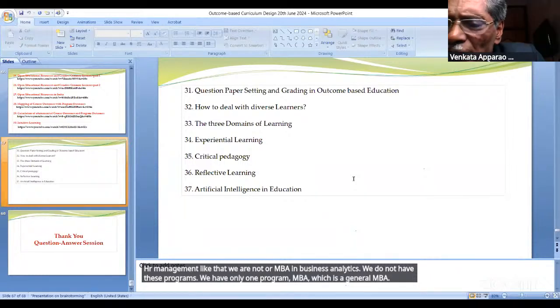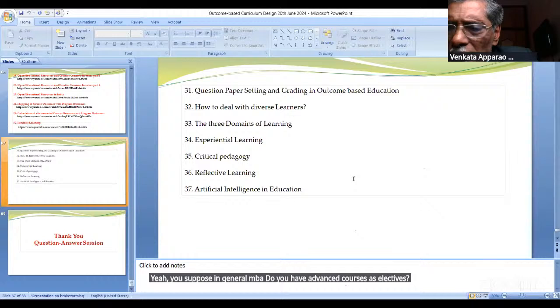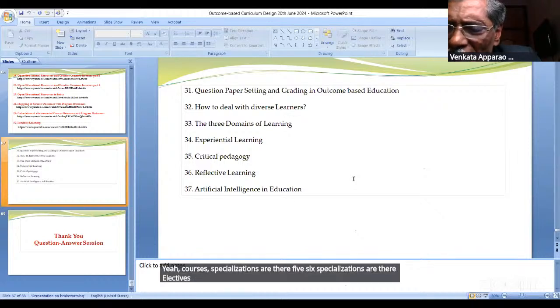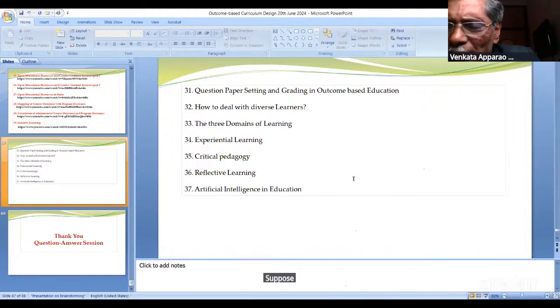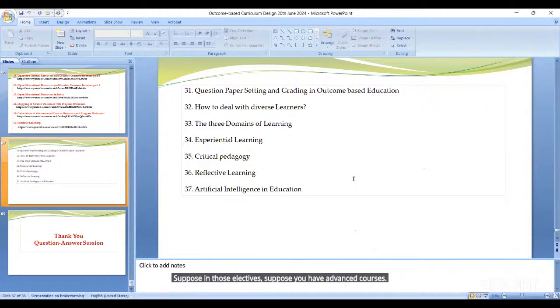If in general MBA, do you have advanced courses as electives? Yes, specializations are there, five or six specializations. Electives are there. They have only introduced, since last year, one advanced course as a specialization, which is business analytics.